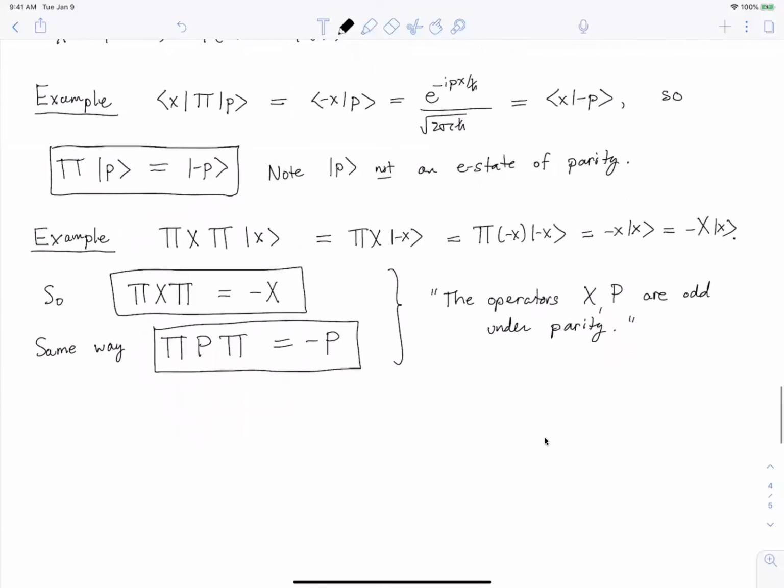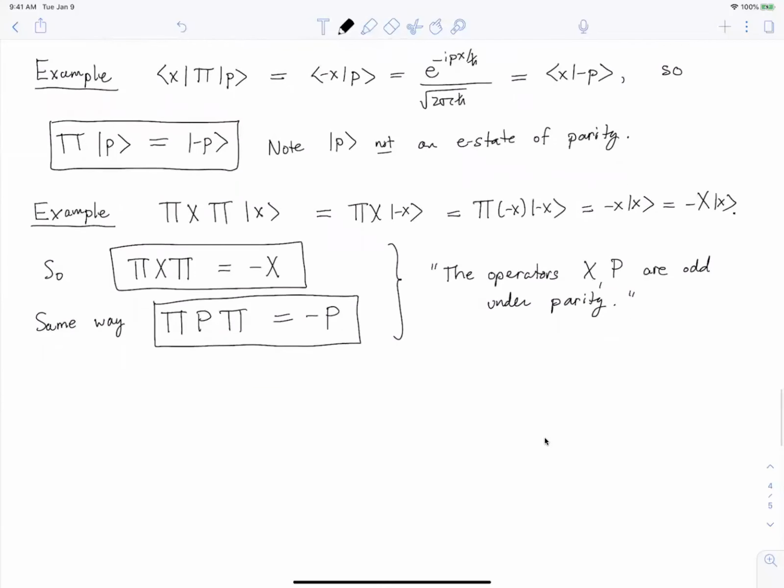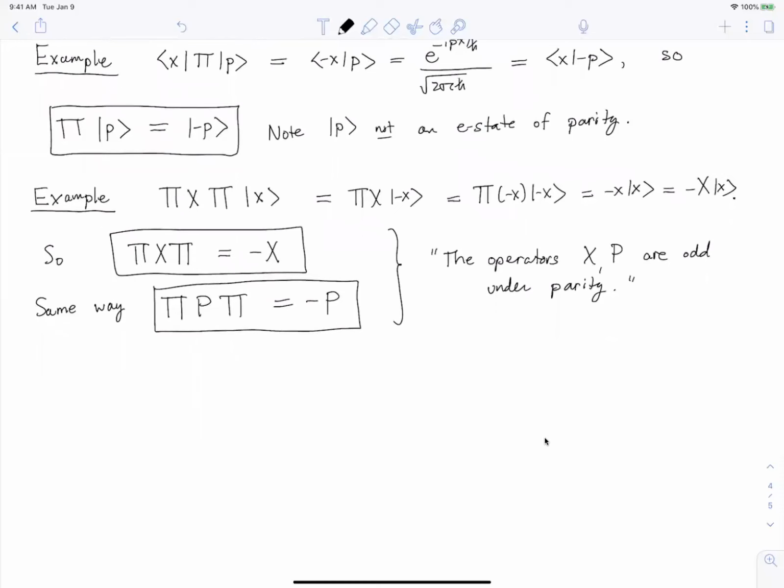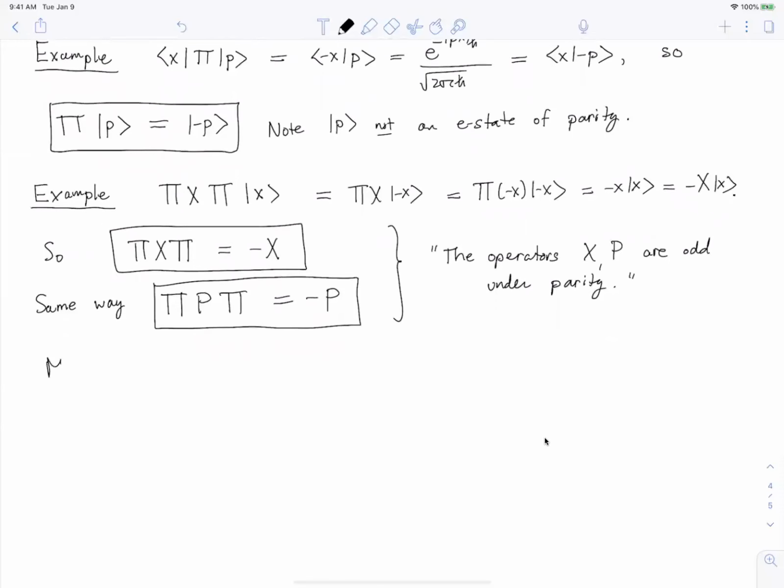Okay, but not all operators, of course, are going to be odd under parity. Some of them will be even, and then some won't have well-defined parity at all. So more generally, if parity operator parity is the same operator back with a plus sign, then it's said to be parity even.